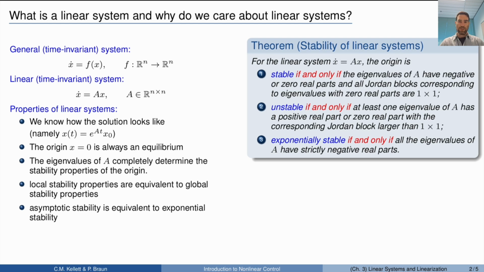If there is an eigenvalue which has positive real part, then the system is unstable. And if we are in the case that we have eigenvalues with real part on the imaginary axis, then we have to be a bit careful, and it could either mean instability or simply stability.